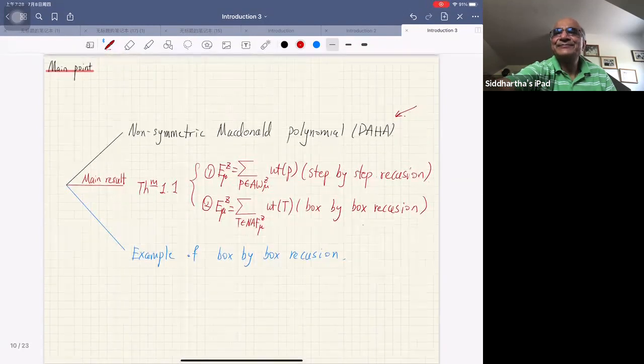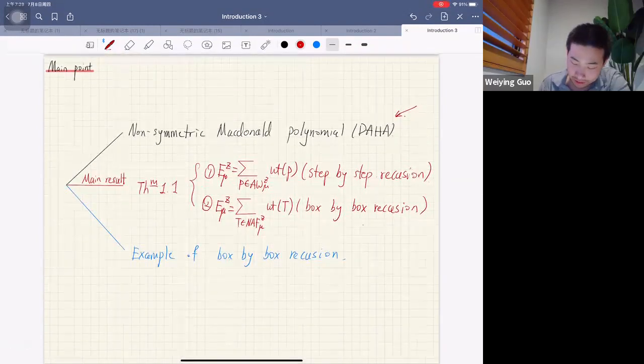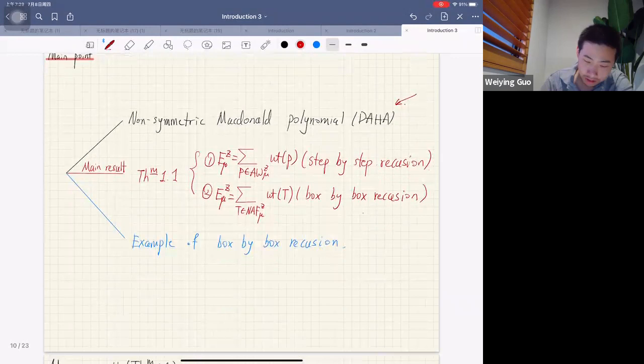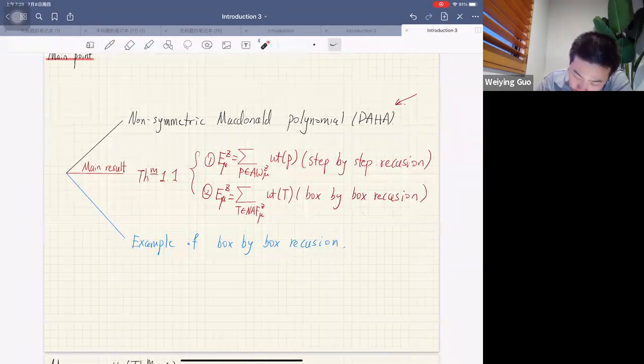Okay, if there are no other questions, then we should proceed into the main result. The main result of this talk is Theorem 1.1. It separates into two parts. Firstly, the permuted basement Macdonald polynomial is summed over some weights over the alcove walks, which we call the step-by-step recursion.